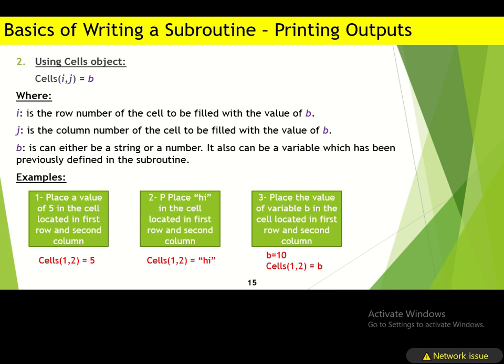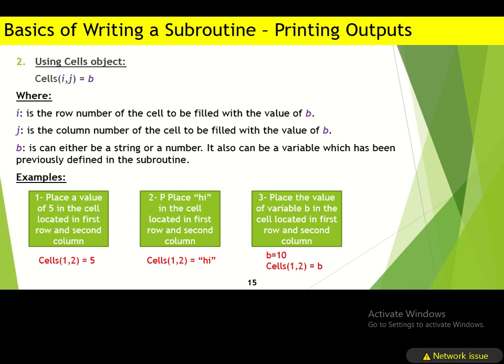And you can see the three examples here. If you want to put it in first row, second column, it is Cells 1, 2, and the value is 5. You can directly write down the value.